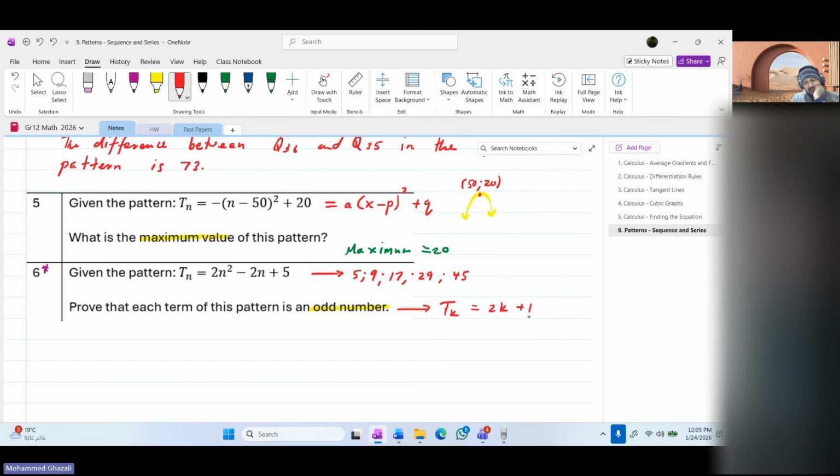If you either have 2k plus 1 or 2k minus 1, then the number is odd. If you double a number and add 1, or double a number and subtract 1, you'll always get an odd number. So now it means that we need to write this in this form. So, solution.